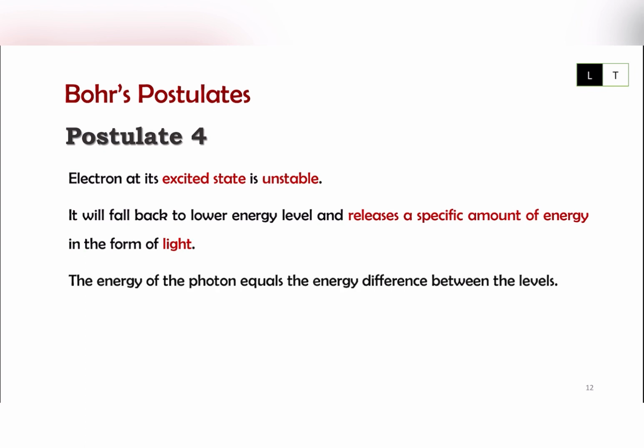And this light is what we have to calculate based on its energy. The energy of the photon equals the energy difference between the levels. Photon here is what we're referring to as light, not proton. It's a different thing. So that's how an electron moves around an atom based on Bohr's atomic model.